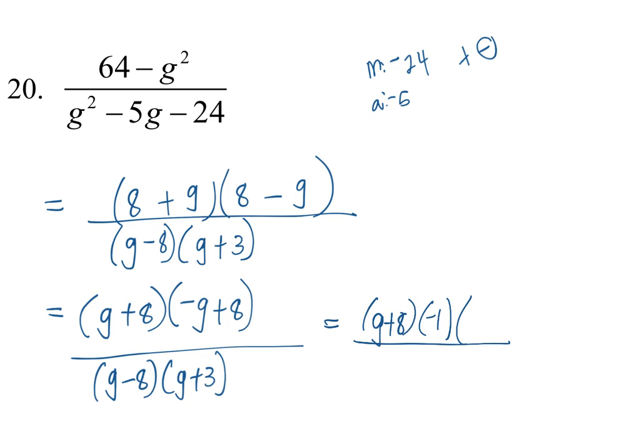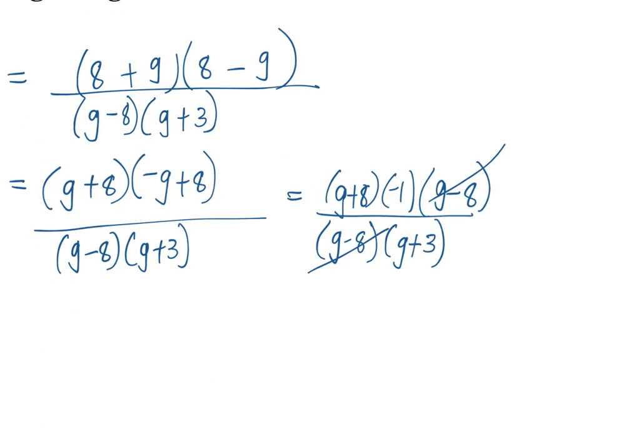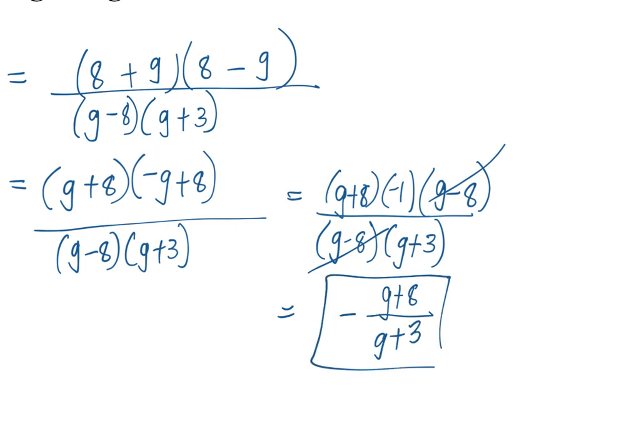If you factor out a negative 1 from negative g plus 8, you get g minus 8, and then the g minus 8 in the bottom, and the g plus 3. So now the g minus 8 cancels to leave us with negative g plus 8 divided by g plus 3. And notice I put that negative out in front.